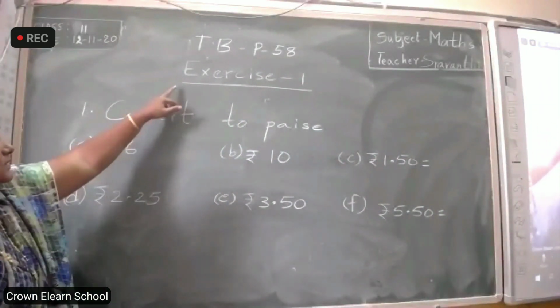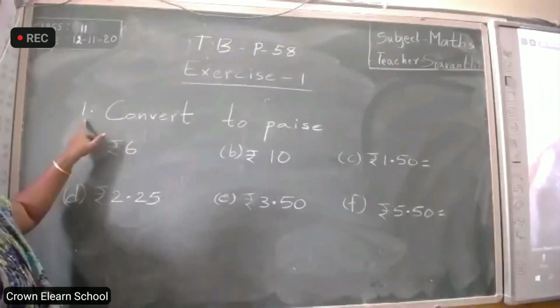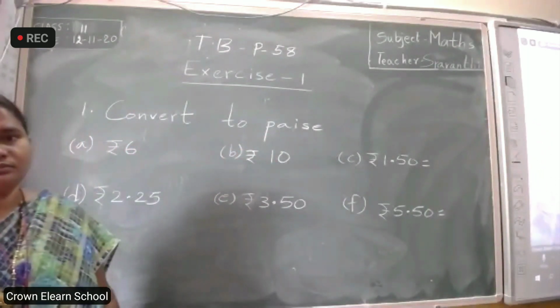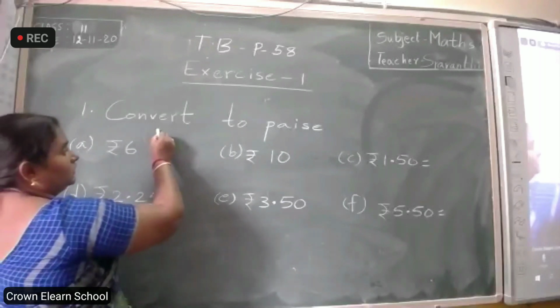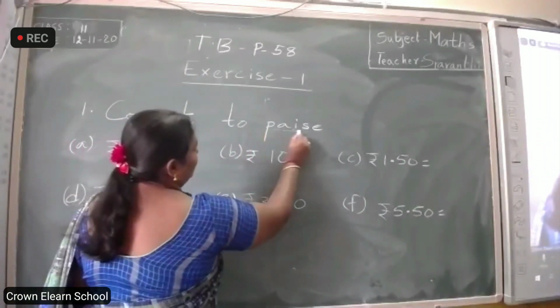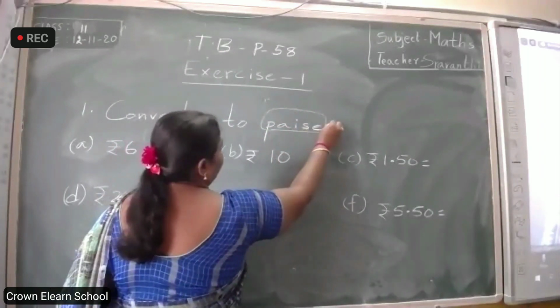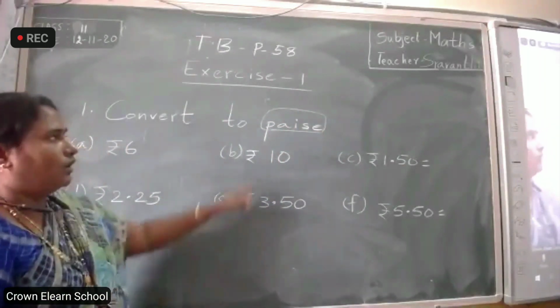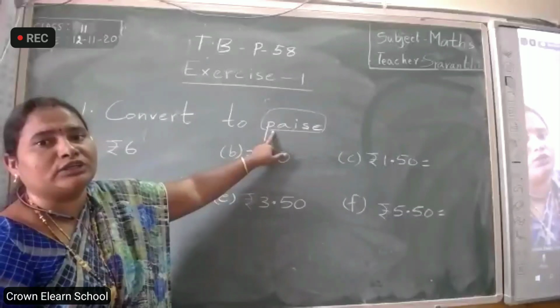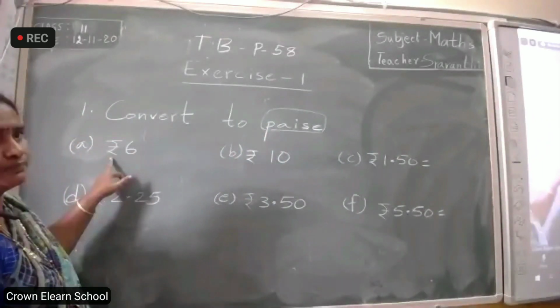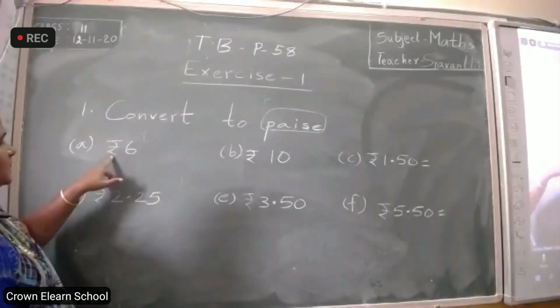You can see exercise 1, Roman number 1, convert to paise. We are converting into paise, so in the answer, we need to keep the paise symbol, P. See all these questions.